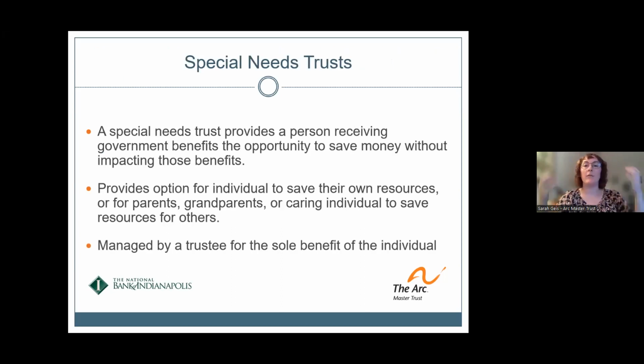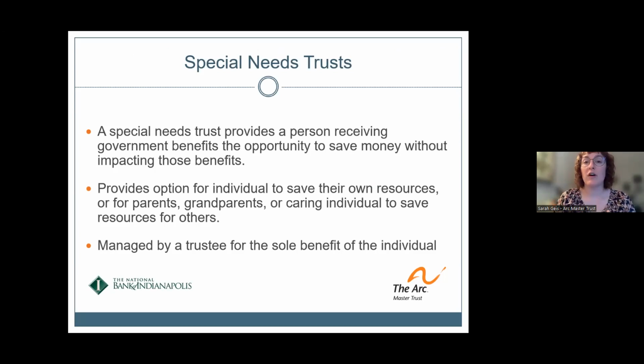So when we look at special needs trusts, again, they are there to allow someone the ability to save money, save for their future, keep their financial assets in a way that is protecting their eligibility for those means-tested government benefits like SSI or Medicaid.